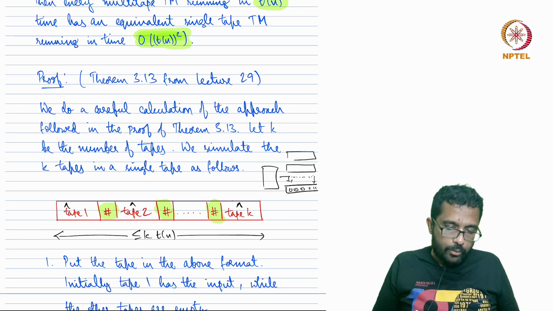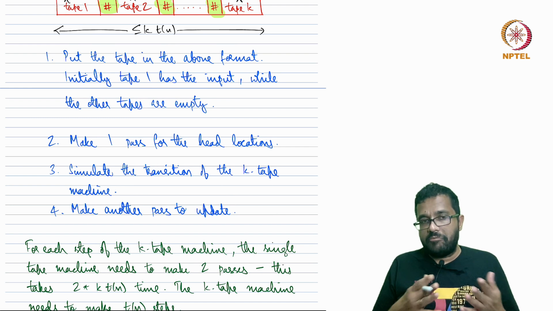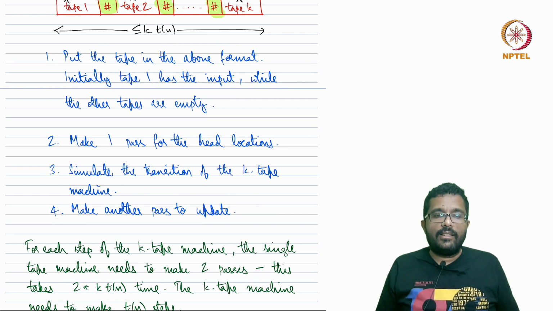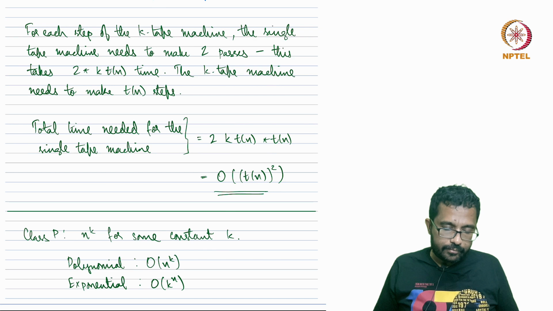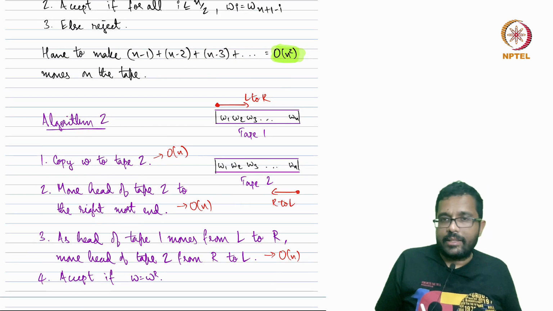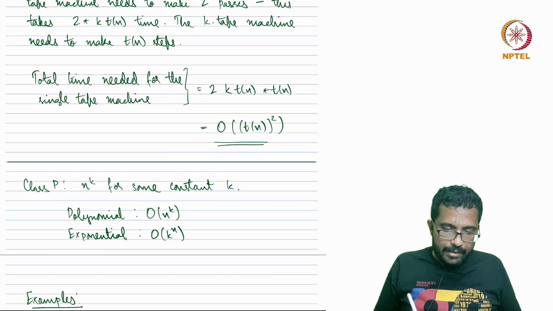All that says that if the running time of the multi-tape Turing machine is T(n), then the single tape simulation takes at most T(n) squared time asymptotically, which matched what happened in the case of Palindrome. In a way, it is good to know.